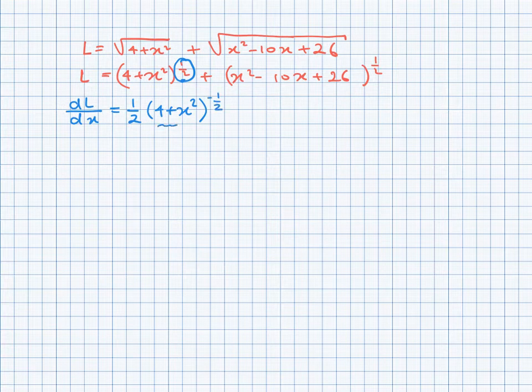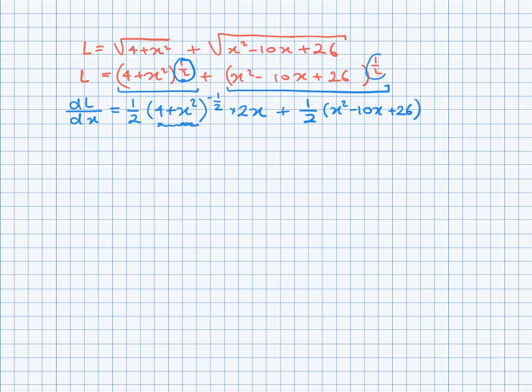And now we have to differentiate whatever is inside. So the derivative of 4 is 0, and the derivative of x to the power of 2 is 2x. So it's times 2x. So the first part of the equation is done. Let's now focus on the second part. Similarly, we're going to take half in front of the brackets, copy everything that we have inside the brackets, and then reduce this power by 1.